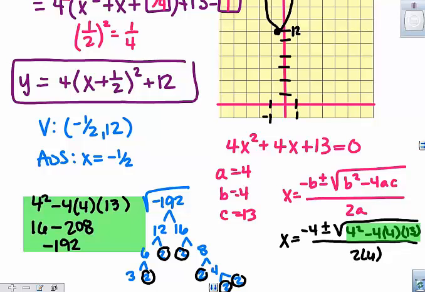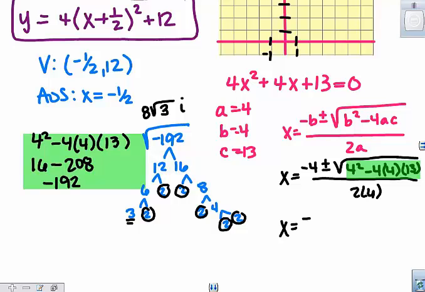So an 8 is on the outside. The 3 is still under there. The negative gets to come out as i. So we have negative 4 plus or minus 8 square root of 3i over 8.